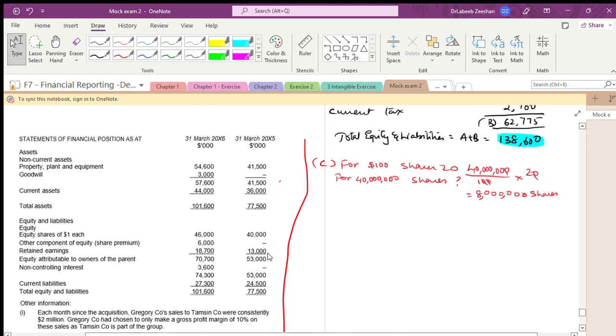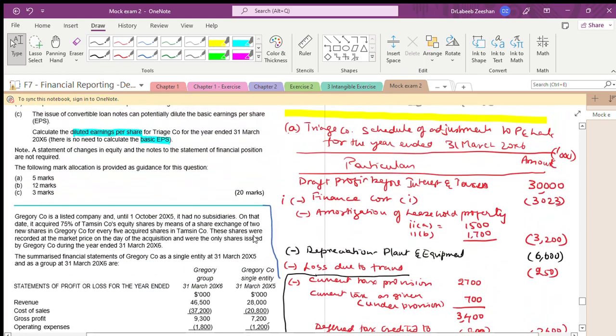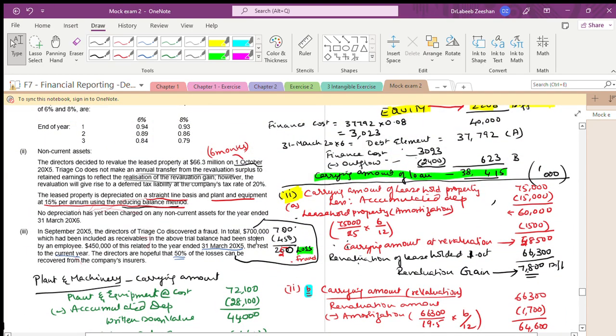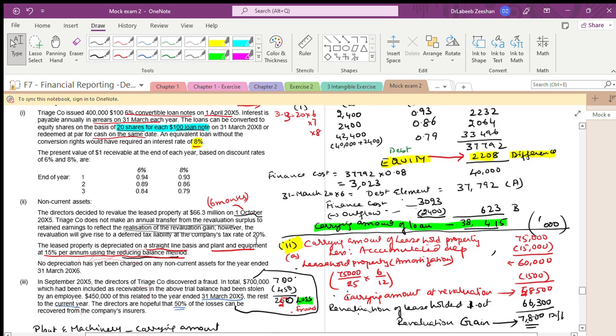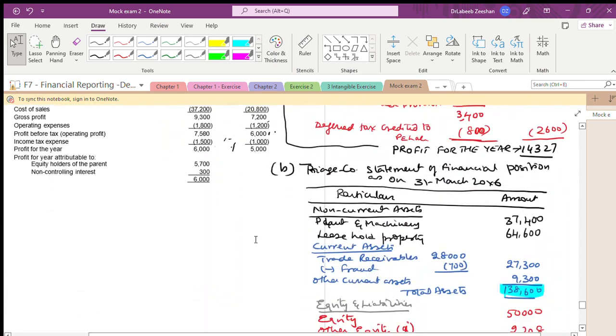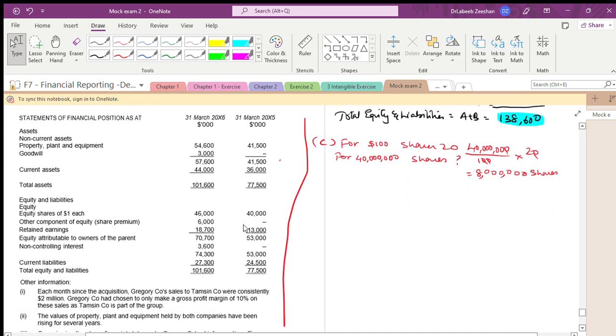Eight million shares. How much is the profit?